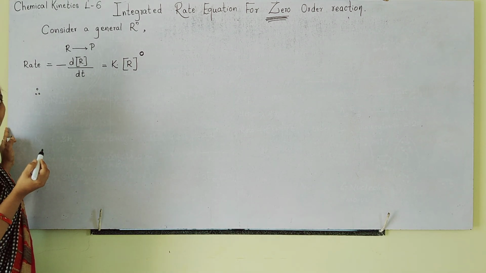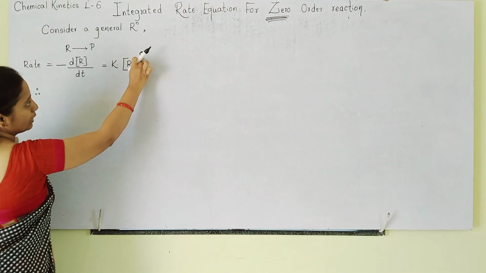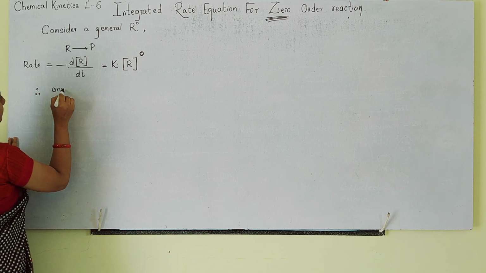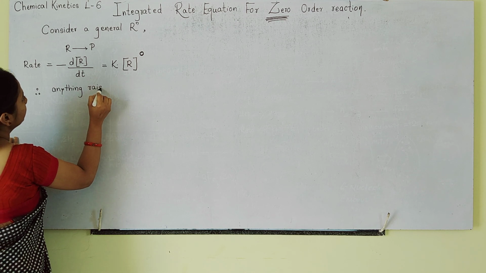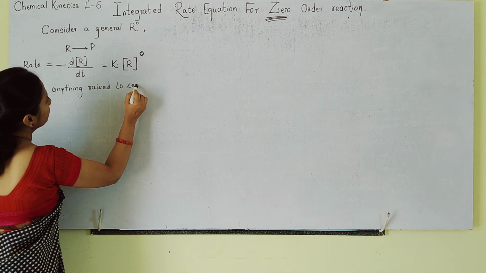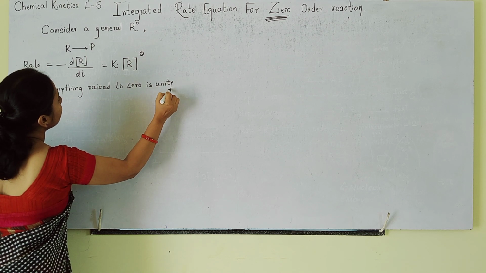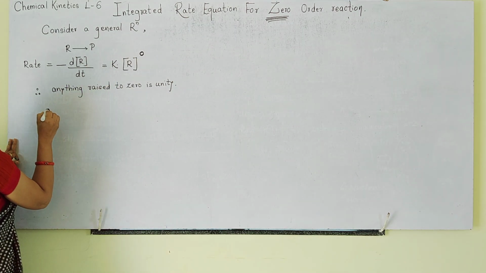Next steps, go on understanding. Now students, anything raised to 0 is always 1, or unity. Anything raised to 0 is 1. Therefore, what will I write?